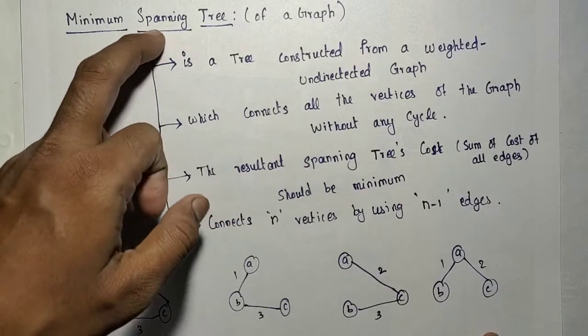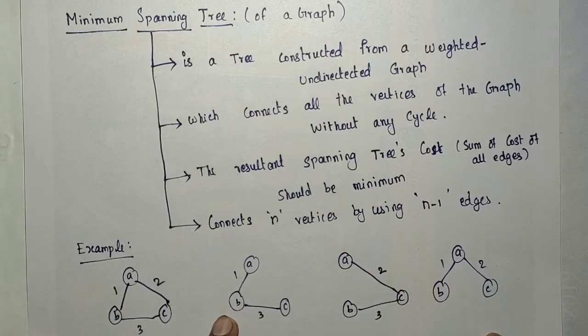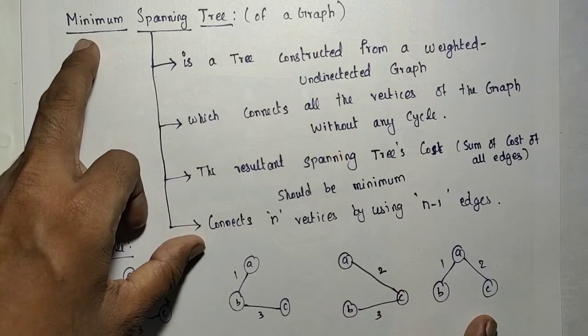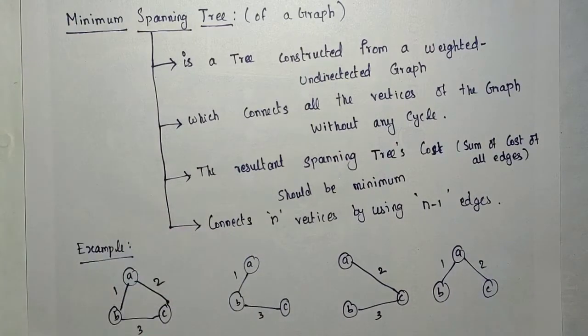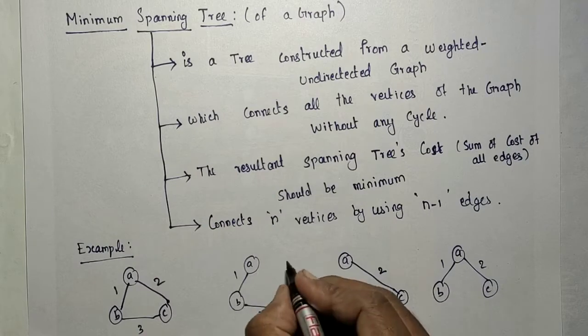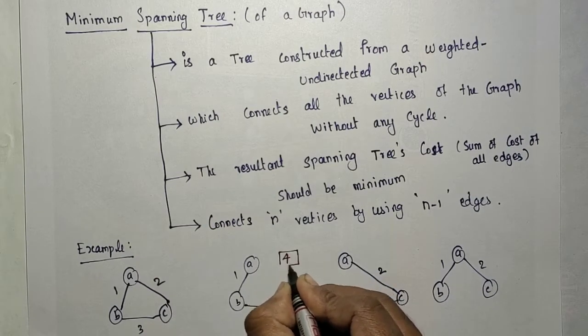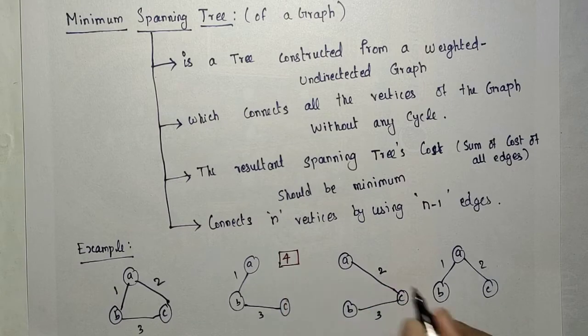So we need to look for all the possible spanning trees. Minimum spanning tree means we need to find the spanning tree with the least cost, that is, the total cost must be minimum. Here these three cities are connected by using these two edges, so the total distance will be 1 plus 3, which is 4.